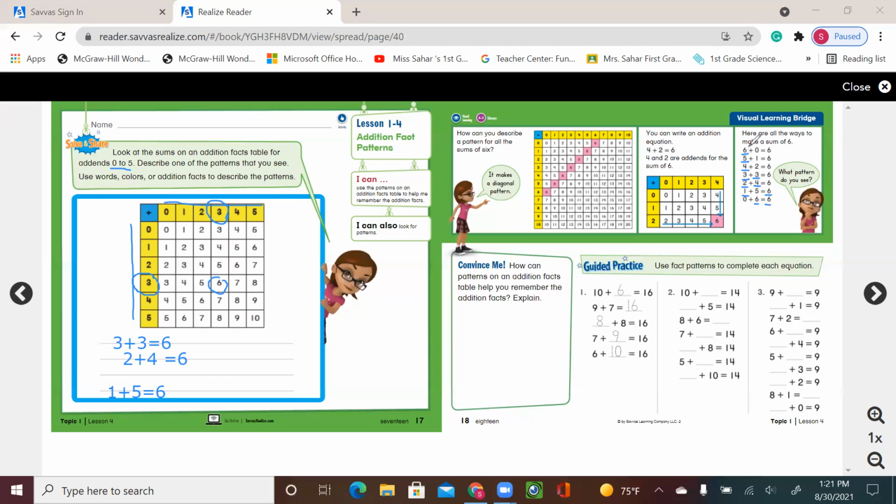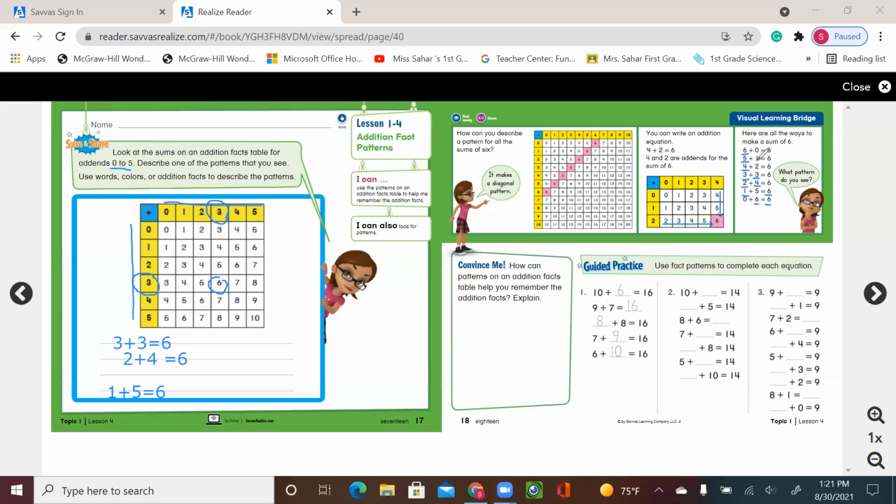So as you see, every time you take one number from the first addend, it goes up for the second addend. So see, 6, 5, 4, 3, 2, 1, 0. I'm going down, but all the numbers for my second addends increase by 1.